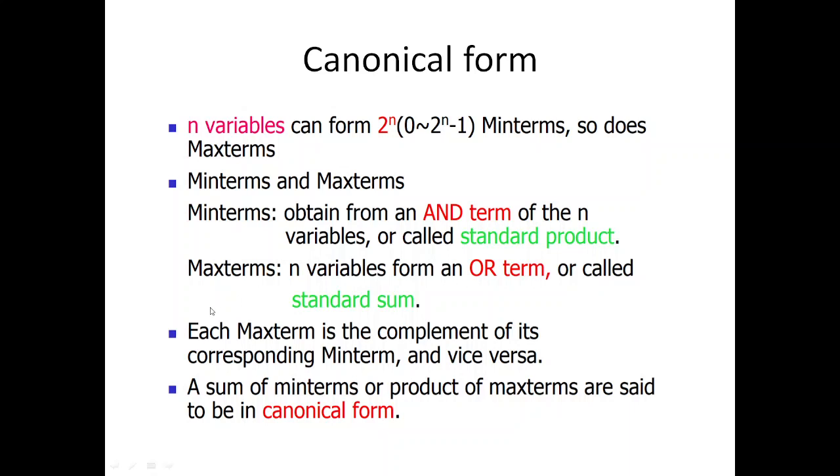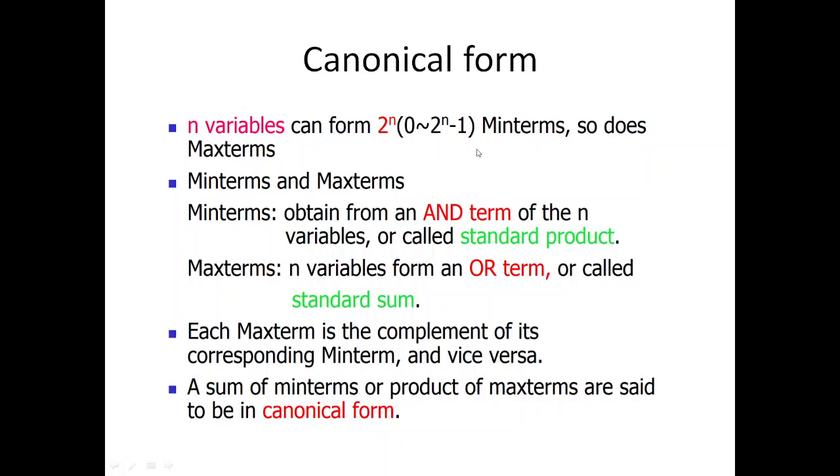For example, 0 can be represented as 0 0 0 in 3 bits, because we are considering the number of variables as 3. That 0 0 0 can be represented in terms of an expression as x dash, y dash, z dash.